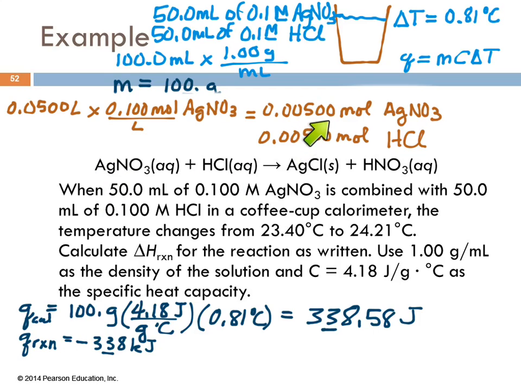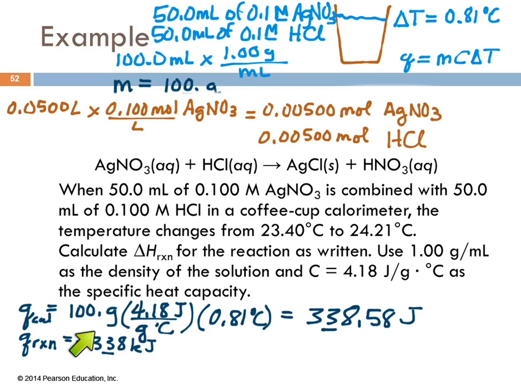So this is a stoichiometric situation. We've got equal numbers of moles, and we're supposed to have equal numbers of moles. So then it really doesn't matter which one of these we look at. They could be mean and have given one of these that was different, and then we might have a problem. So this is the number of moles.